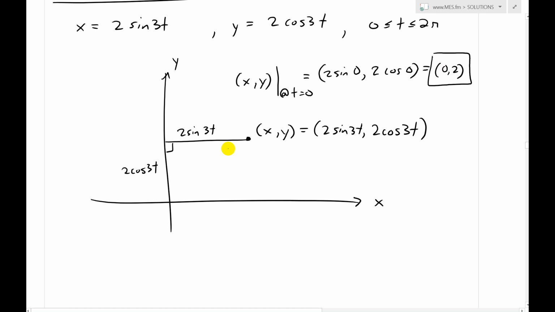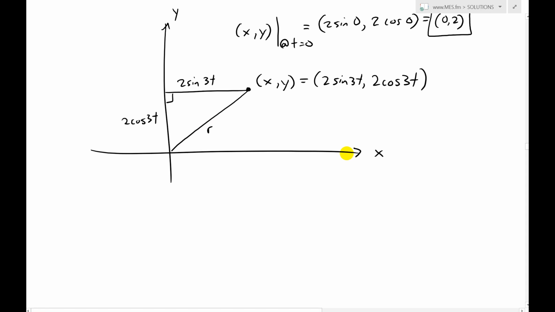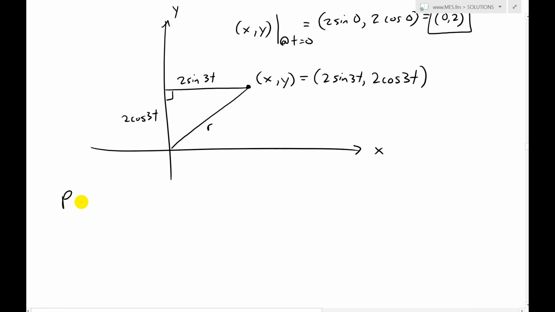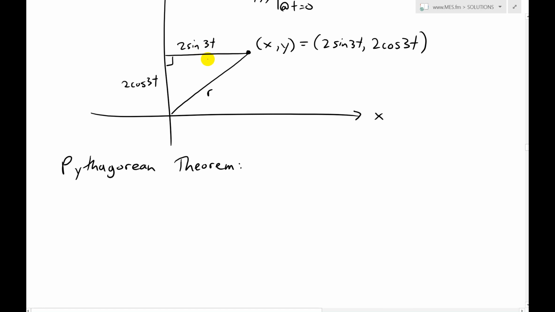And now what we're going to do is draw a line across here just to show that this is always going to be constant. I'm just going to call this r. So now, if we recall the Pythagorean theorem, r squared is going to equal the sides squared.